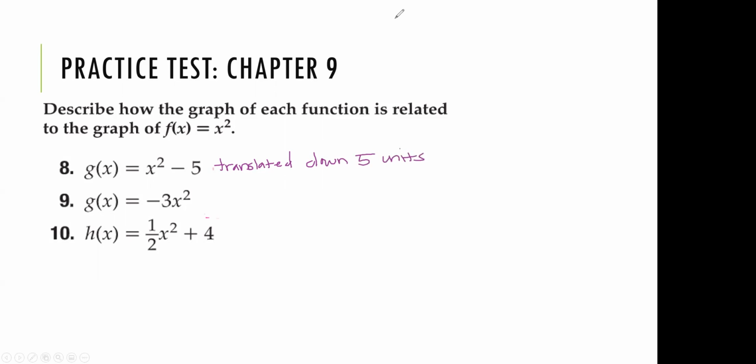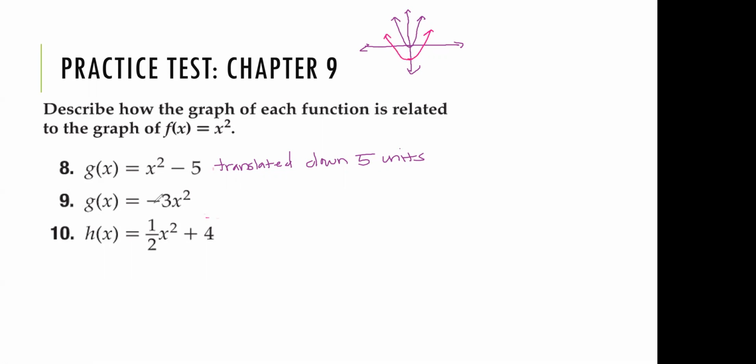So whatever the parent function is, right, that starts at the origin, this one would move it down 5 units, okay? So let's say this is 5, so then it would be like this, okay?